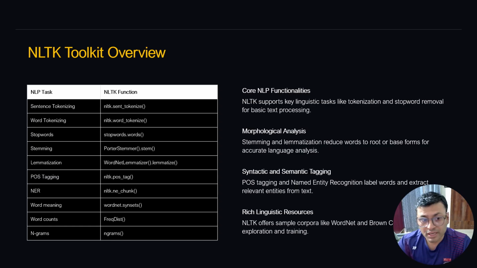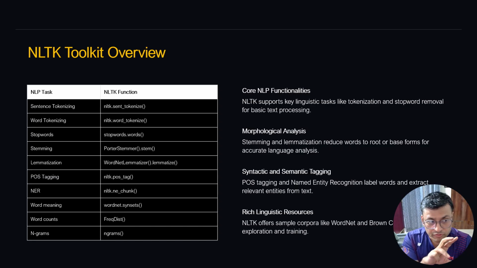If you see on the screen, the NLTK toolkit has different tasks it can do in language processing: sentence tokenization, word tokenization, stopword removal, stemming, lemmatization, NER, POS tagging, word counts and anagrams.